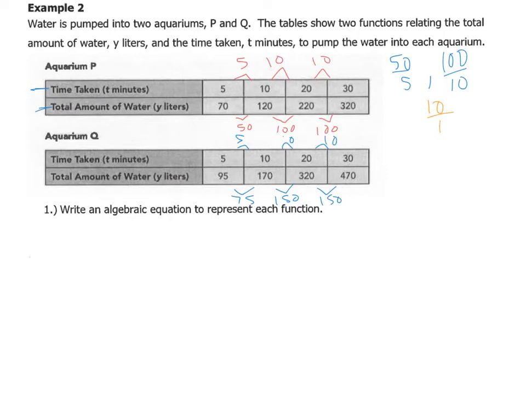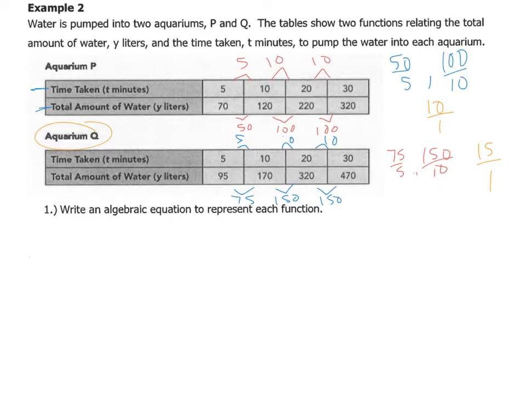So again, we're going to double check and see if it's a linear equation. So I have 75 over 5 and 150 over 10. Those are the two that I have to look at, and they both reduce down to 15 over 1. So which one's faster? The one that's faster is going to be aquarium Q.